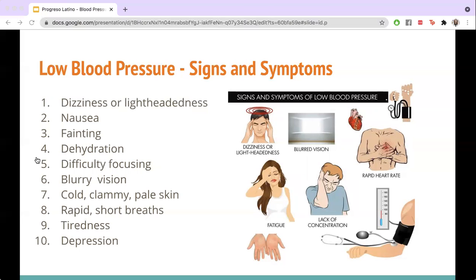There are certain conditions that can cause low blood pressure, and those include pregnancy, an allergic reaction to something will lower your blood pressure, and it can also be caused by not having enough nutrients in your diet. There are also certain medications that have side effects of low blood pressure, and a pharmacist or your provider should notify you of those.